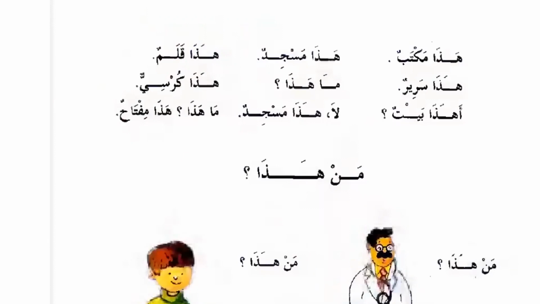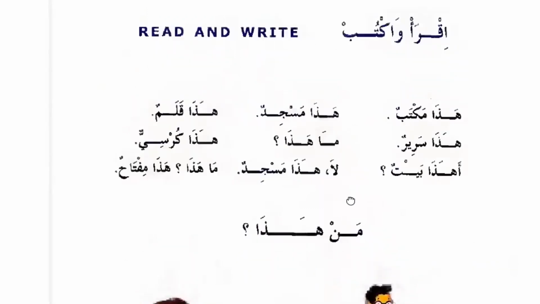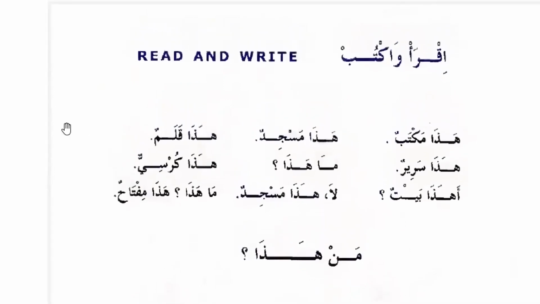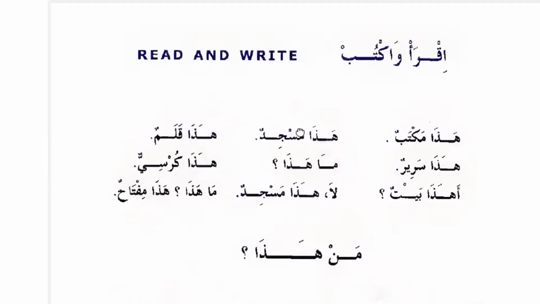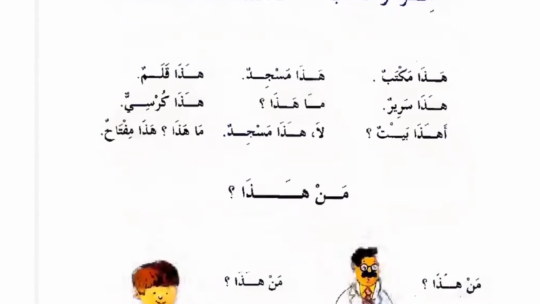So we have here again, we are continuing. We have here iqra waktub. They said iqra, read. You can see here, iqra waktub: read and write. So this is for students to write in your language, the English language.